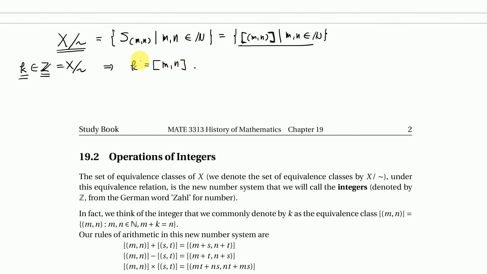So the question is, how can you define it? When can we say k equals that, oh sorry, that ordered pair, the same as that set? And the definition is here.